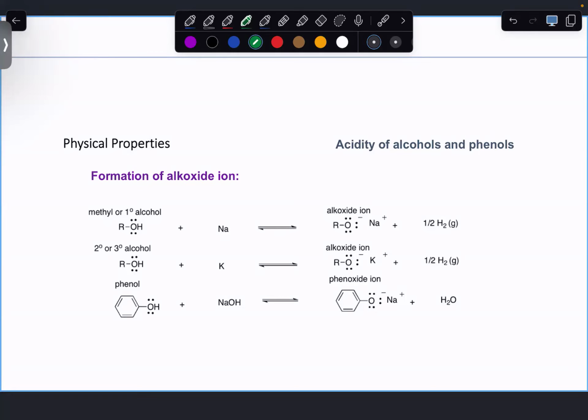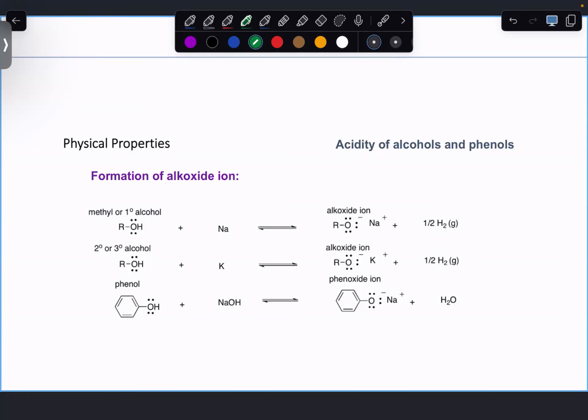By the way, this also helps explain all those E2 reactions we have been doing. Typically, when we are using a strong base for an E2 reaction, we were always using sodium hydroxide, sodium methoxide, sodium ethoxide.